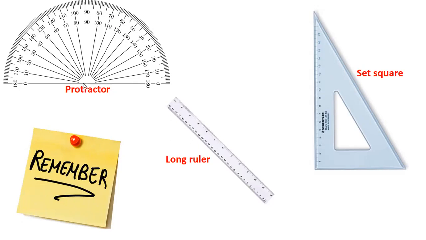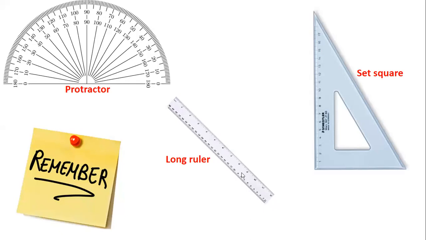If I start counting from the other side, I also have 0, 10, 20, 30, 40, 50, 60 until I reach 180 degrees.